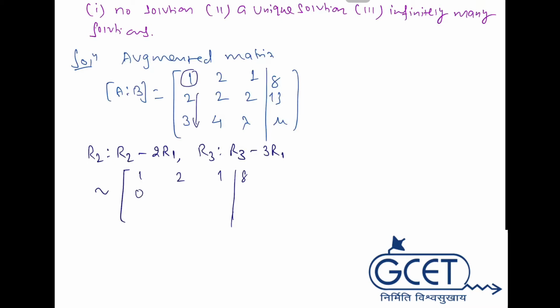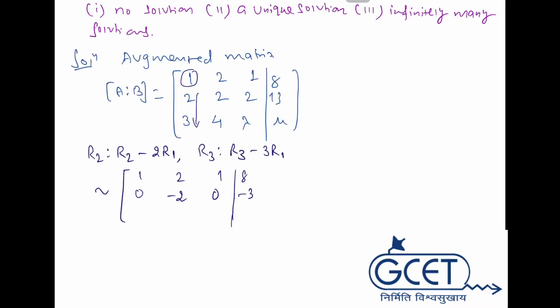Then now this is 0, so we multiply with minus 2 here and add here. So minus 2 plus 2, 0. Then this is minus 4 plus 2, so this is minus 2. Then this is minus 2 and plus 2, so that is 0. Then this is minus 16 plus 13, and so minus 3.